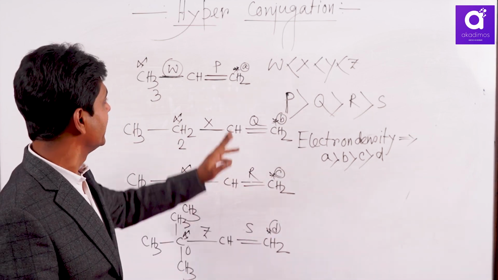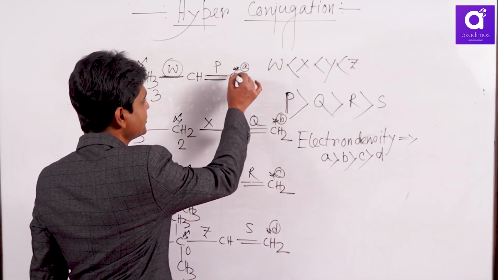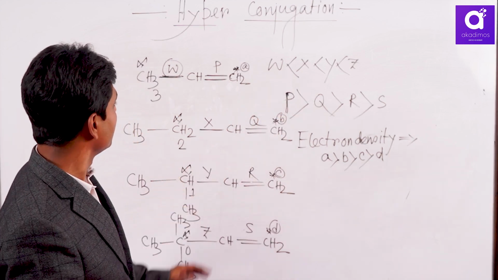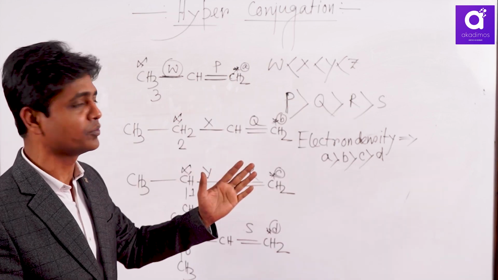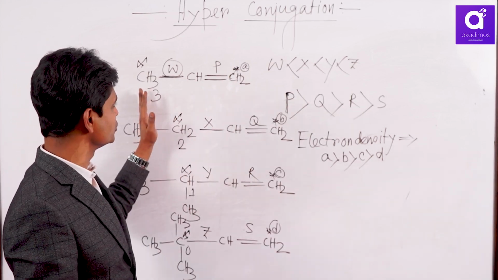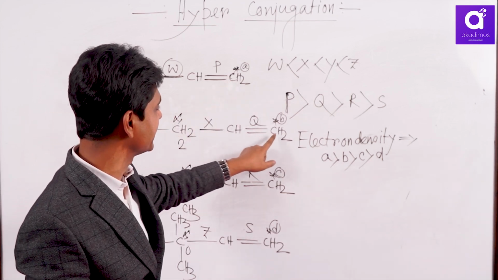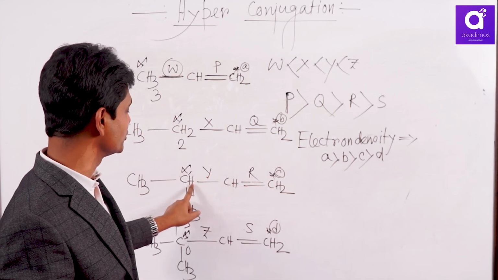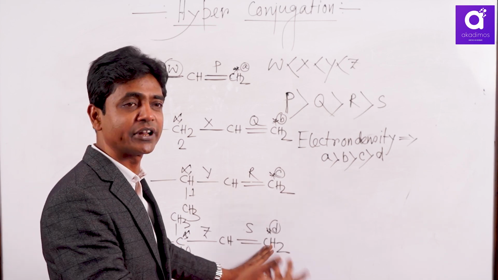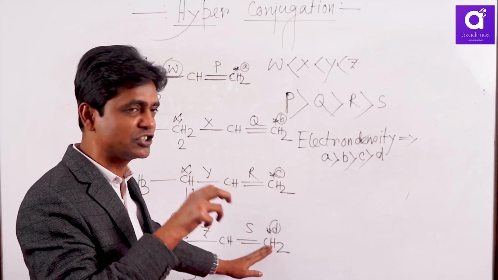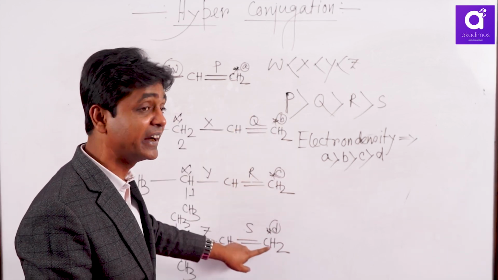Since the negative charge is maximum here, this carbon is most strongly attracted towards the electrophile H+. 3 hyperconjugations will make a negative charge on carbon A. 2 hyperconjugations will make a negative charge on B, 1 hyperconjugation will make a negative charge on C, and no hyperconjugation will leave D least negative. That means you get more negative charge and more electron density on A, then B, then C, then D.